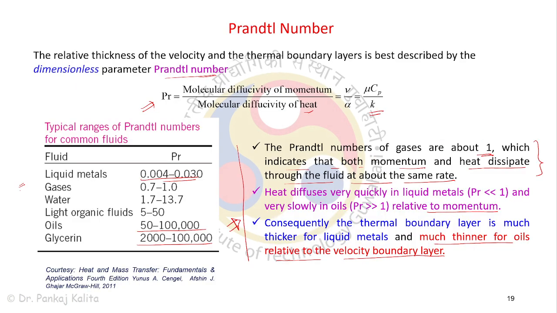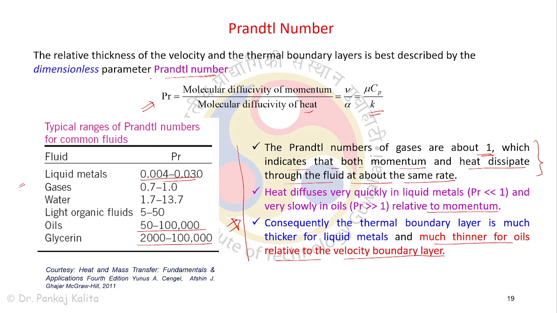Now, Prandtl number basically signifies, in a given flow, what your thermal boundary layer is relative to your momentum boundary layer. You might have studied fluid dynamics where your momentum boundary layer is there, and in heat transfer you read about the thermal boundary layer.